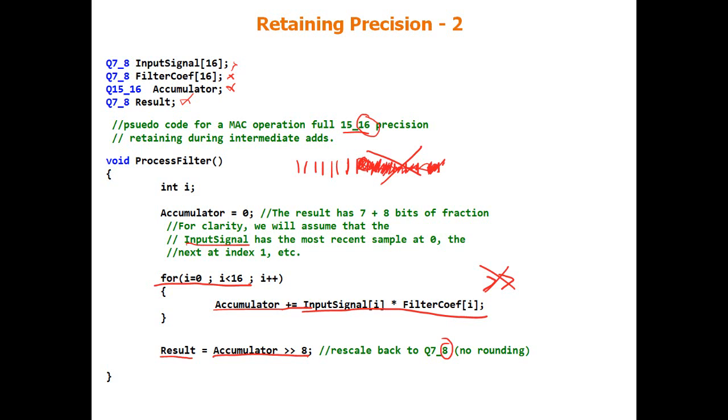Because think about it, if these bits are all zeros, we don't care. But let's say this was a value of 1, 0, 0, 0. Let's draw a bunch more zeros. Blowing that away, there's data there. What we should actually be doing is rounding. And here's the base 10 equivalent.